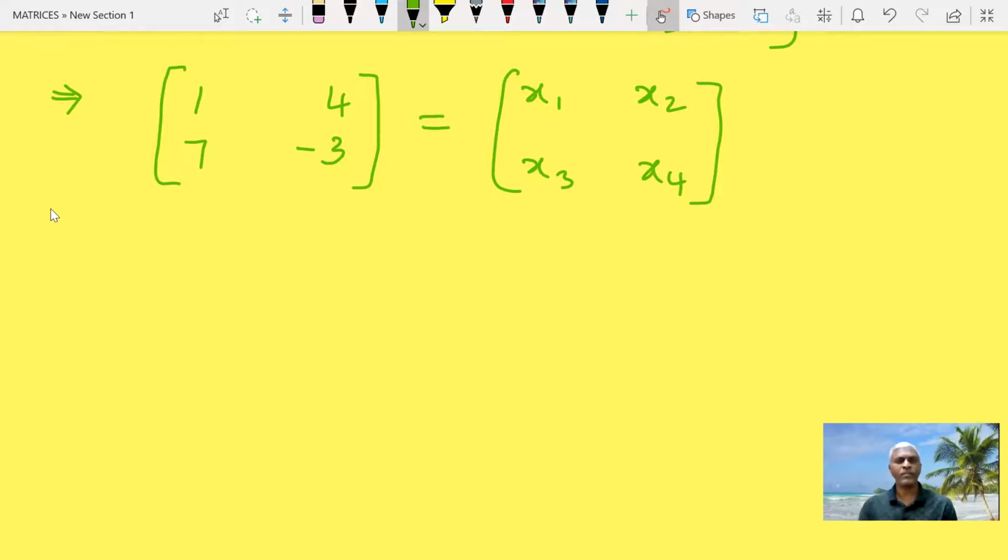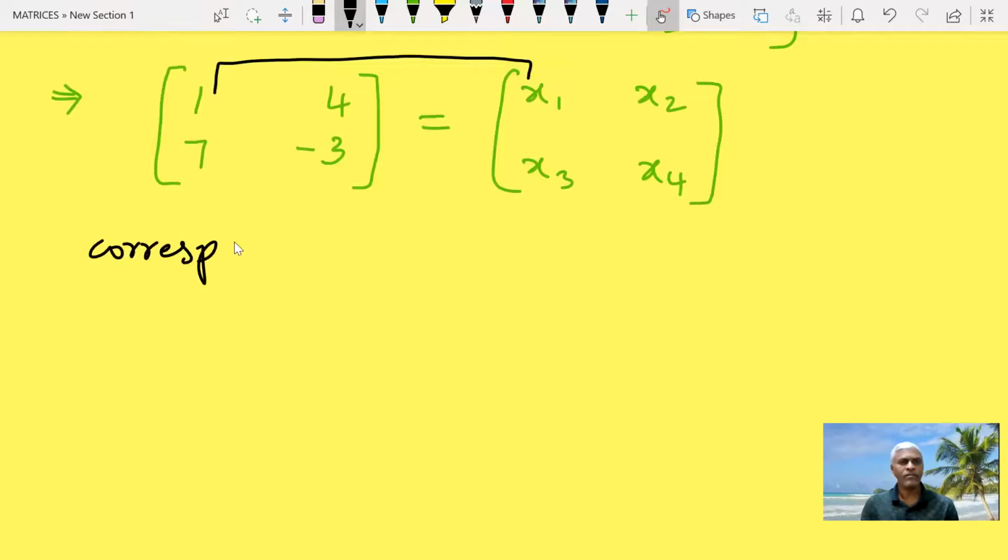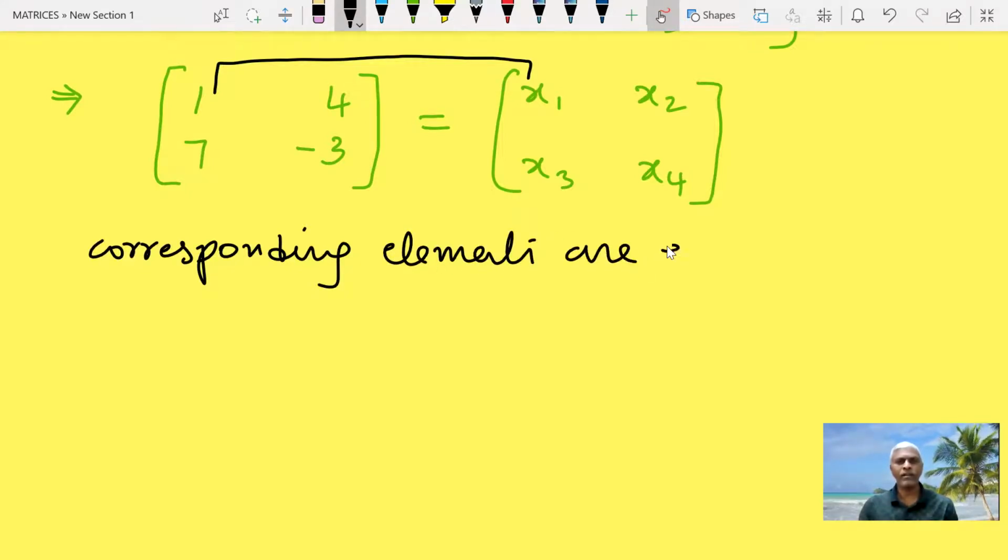So the corresponding elements should be equal. So 1 corresponds to x1. Therefore if the two matrices are equal, the corresponding elements should be equal.